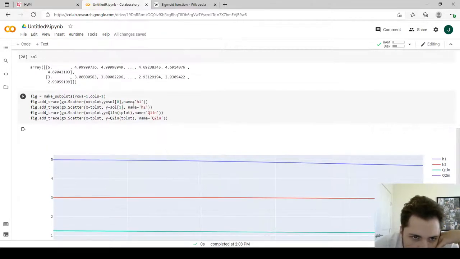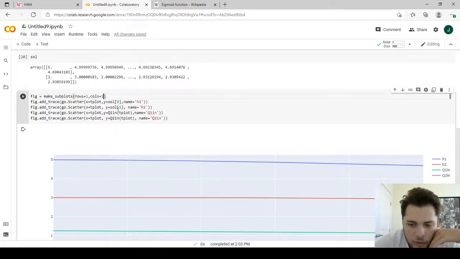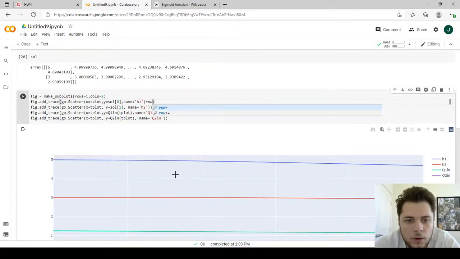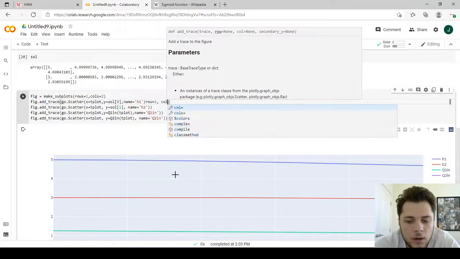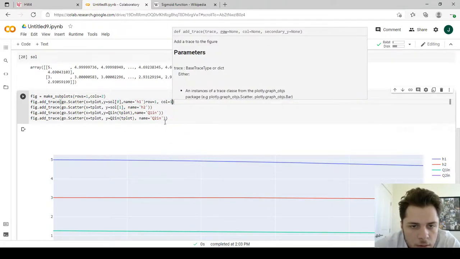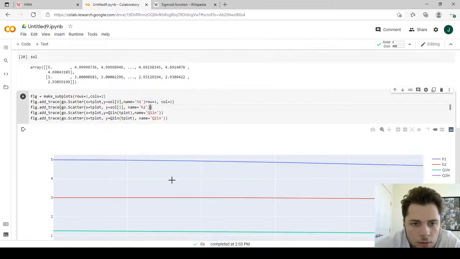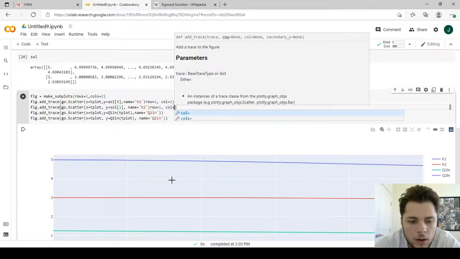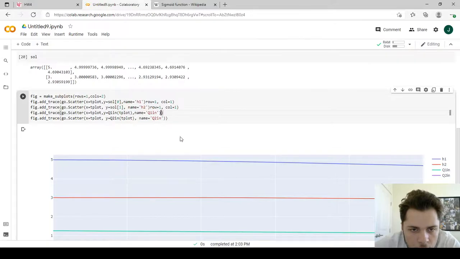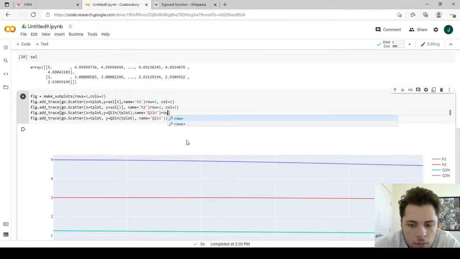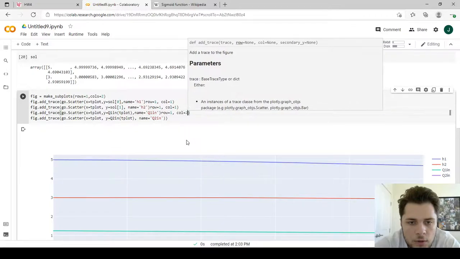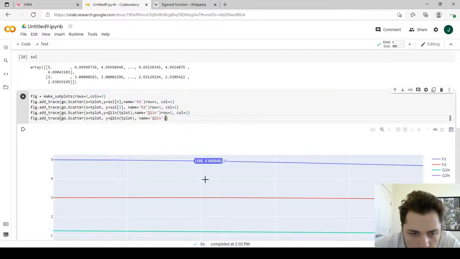But let's put these onto different graphs. So let's make 2 columns, and we'll put this in row 1, column 1, and the other in row 1, column 2.